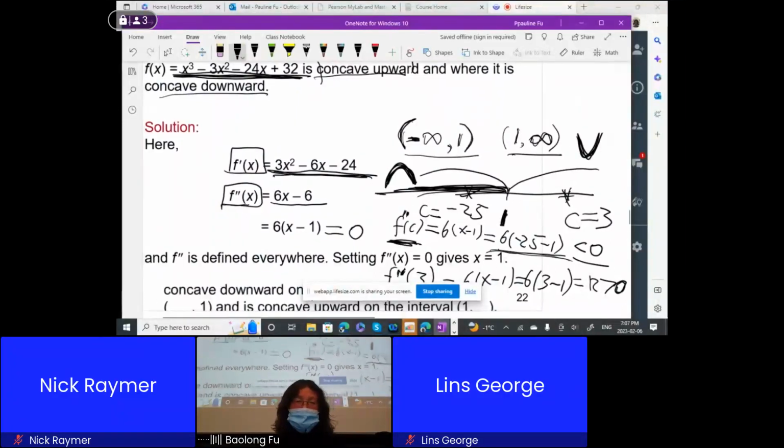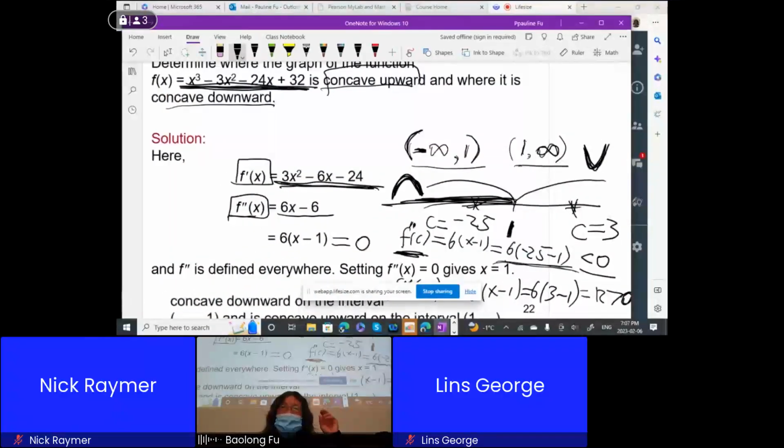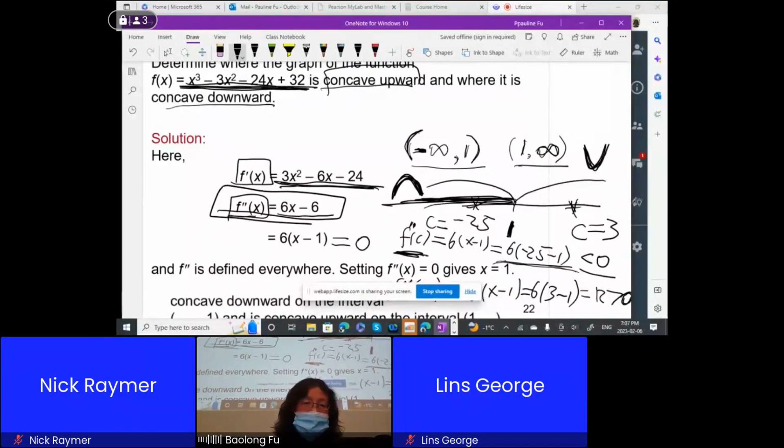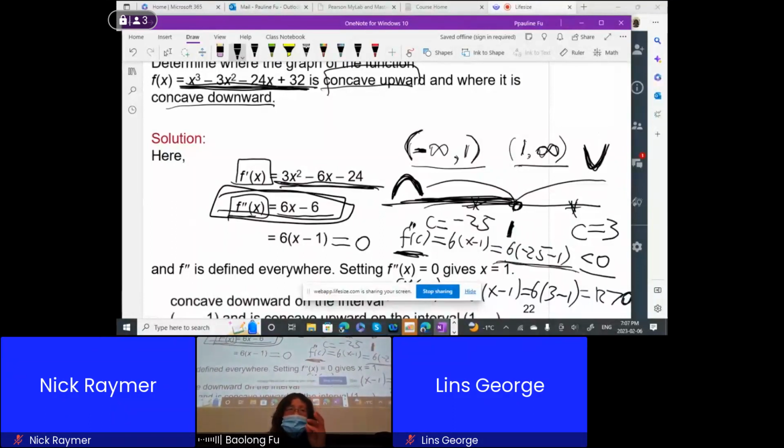Hope from this example you understand what C is and why we need C. C is a number in the interval. And how do I determine this interval? You make the second derivative equal to 0, and that point will divide the intervals.